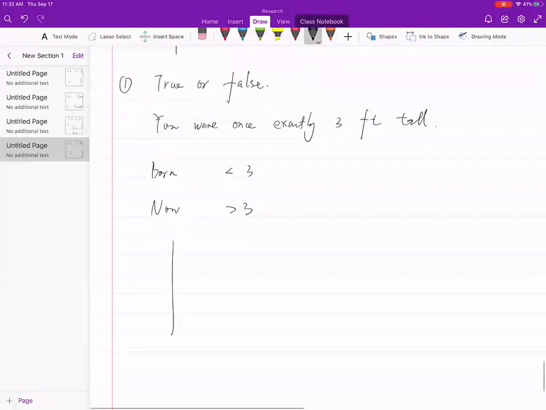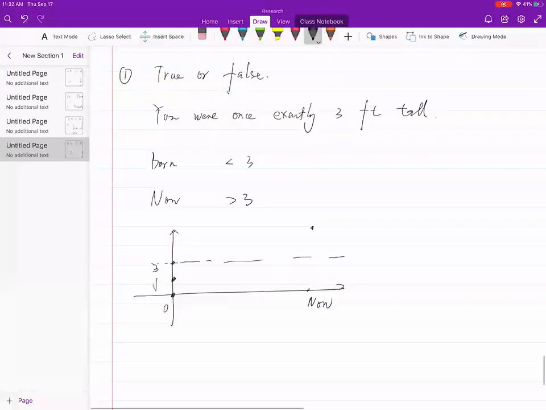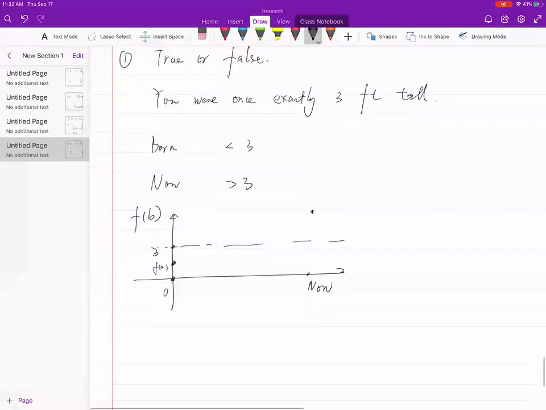Okay, so now if we put it here, you were born here, let's say 0, and here is now. You were less than 3, that means you're somewhere here, and 3 is above. You're bigger than 3, that means you're somewhere here, and 3 is in between. Can you see this is actually f(a), this is actually f(b). Basically what I'm trying to say is you were once exactly 3 feet tall.